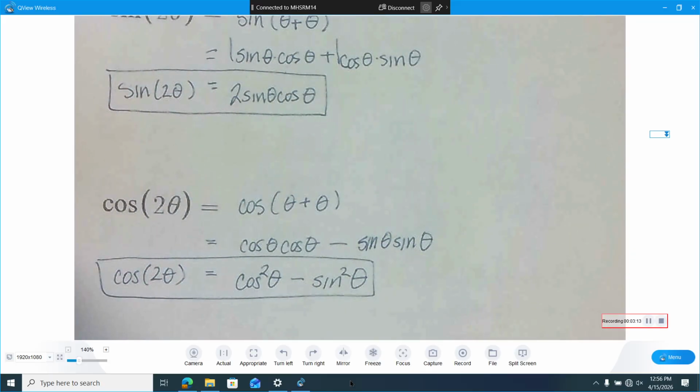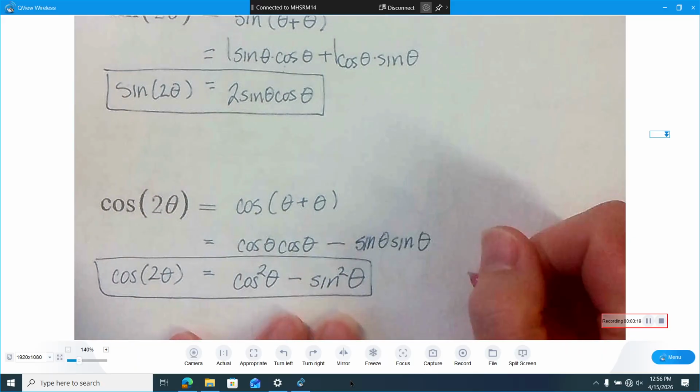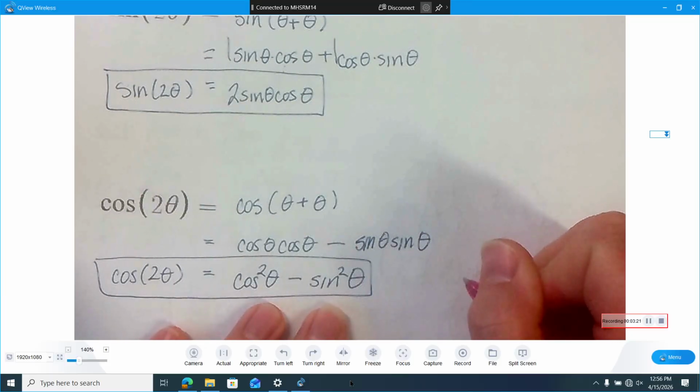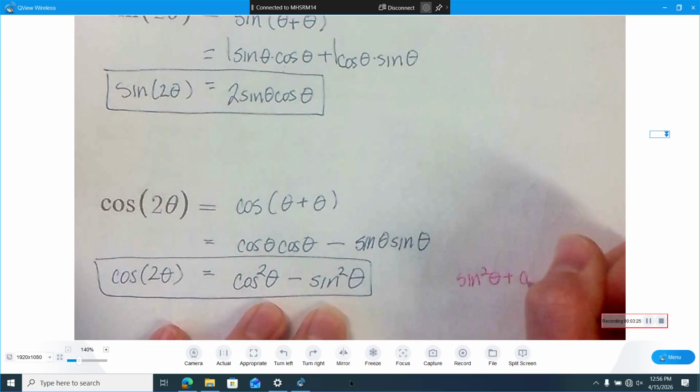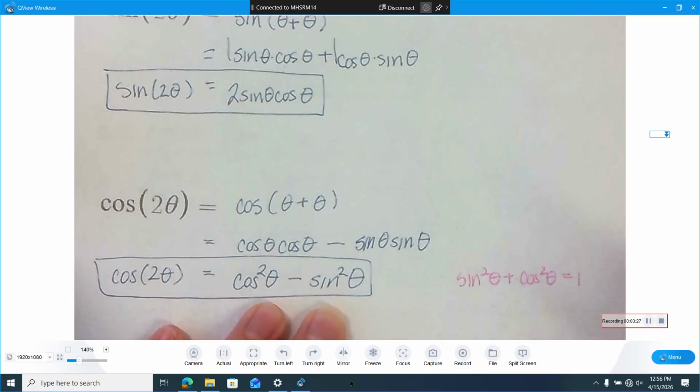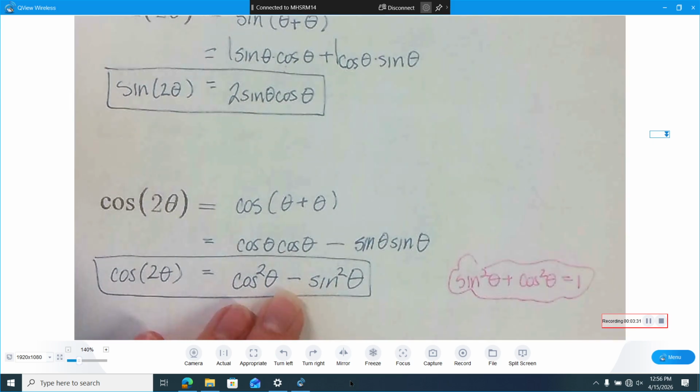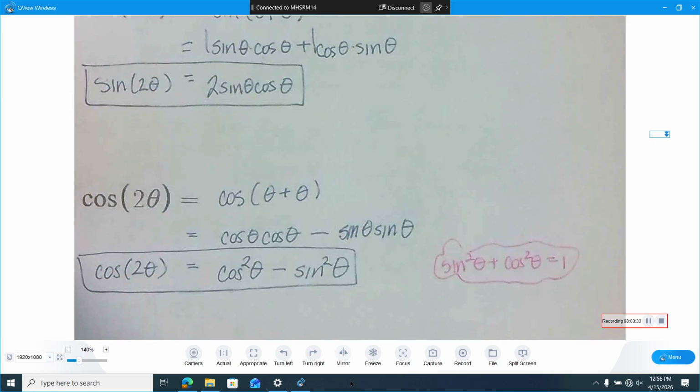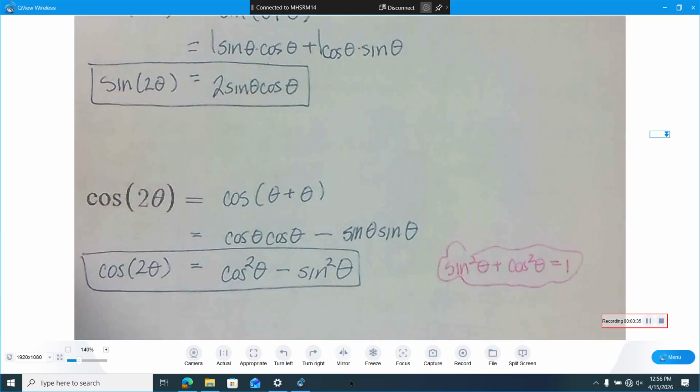This looks like something else. What else does it look like? The Pythagorean identity was sine squared theta plus cosine squared theta equals 1. So you're close, but minus changes everything. But it looks very similar to the Pythagorean identity that we learned on day 1.